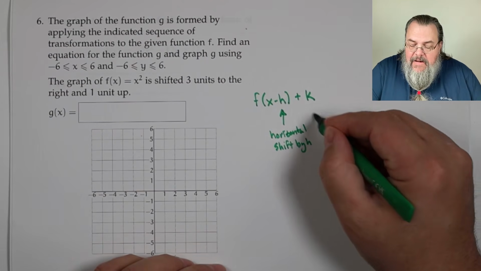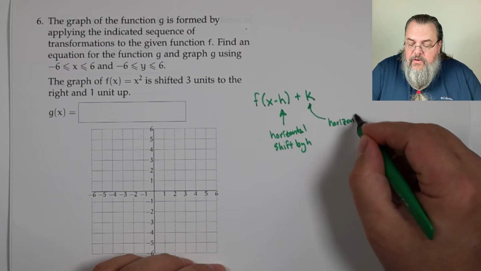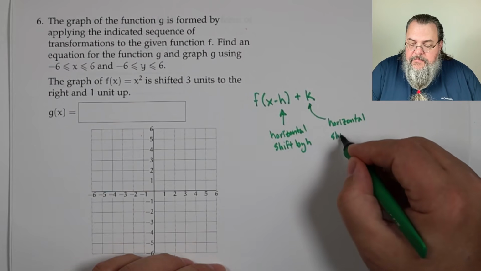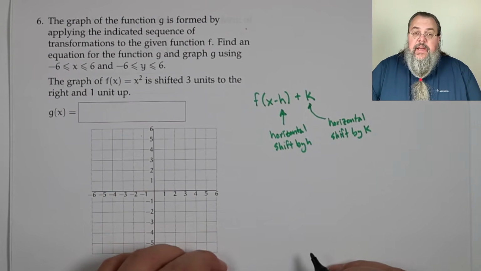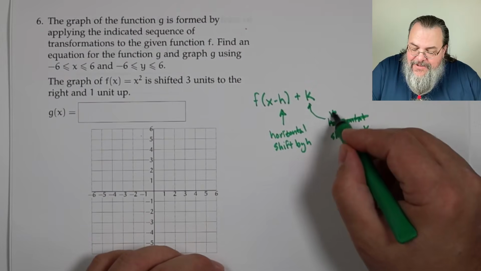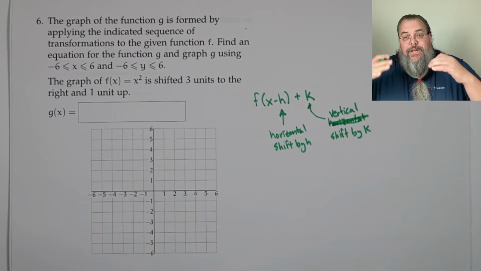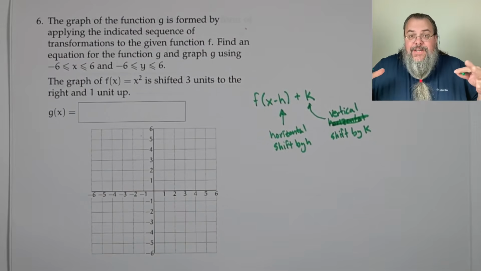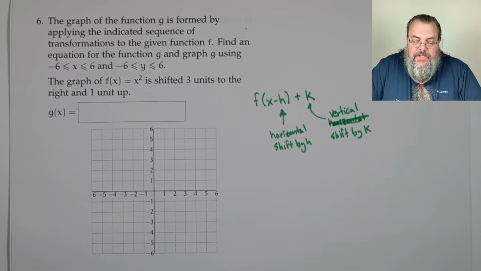The k is on the outside, that's the vertical. It's a vertical shift by k. When you're on the outside of the function, you're affecting the output, that's the y values. So since we're doing shifts, we say, okay, 3 units to the right and 1 unit up.